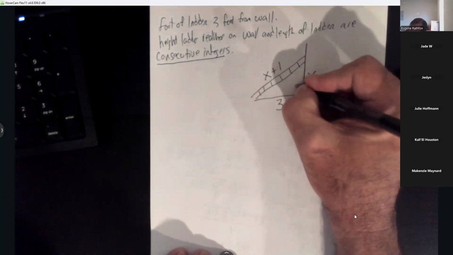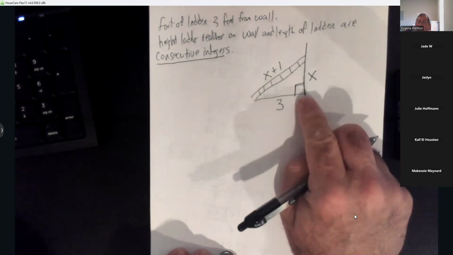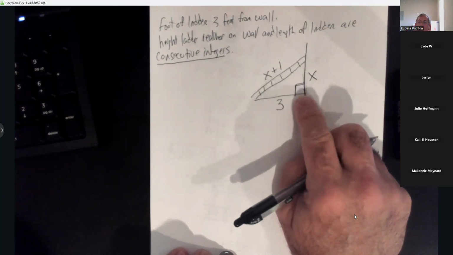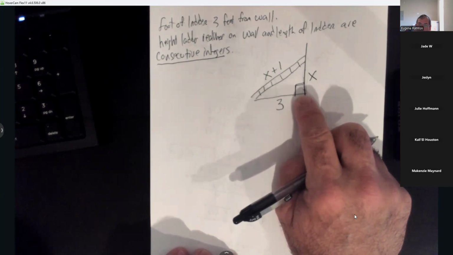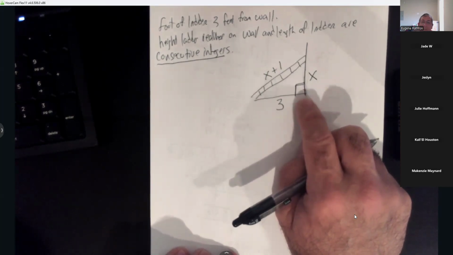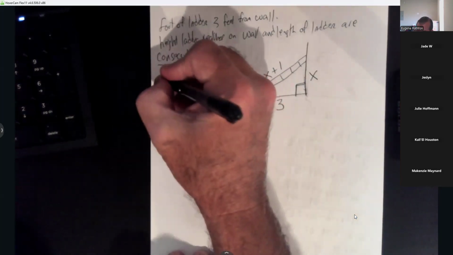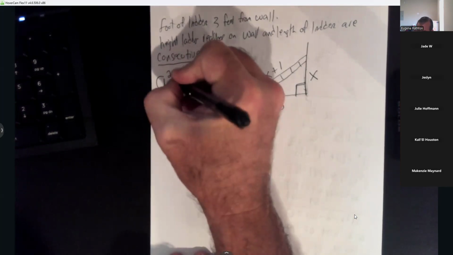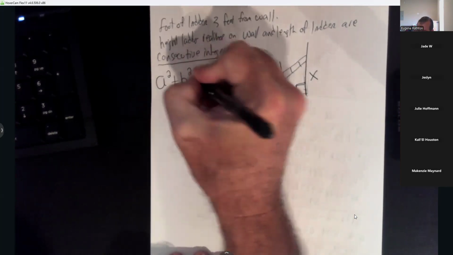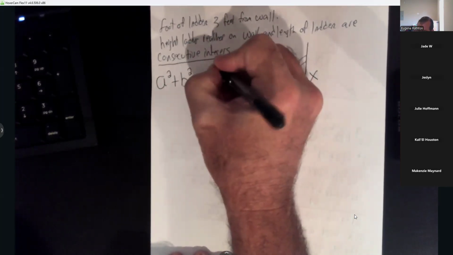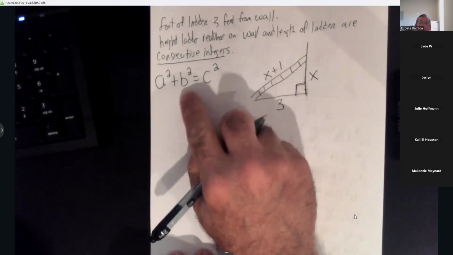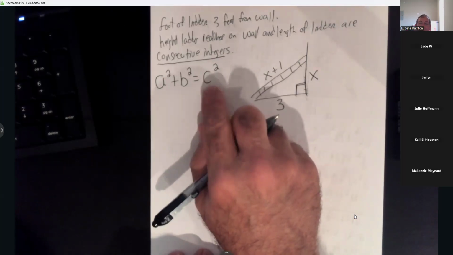Now what they want you to realize, you got another right triangle. So to solve this, I'm going to use our formula, a squared plus b squared equals c squared. So our Pythagorean theorem again, okay?